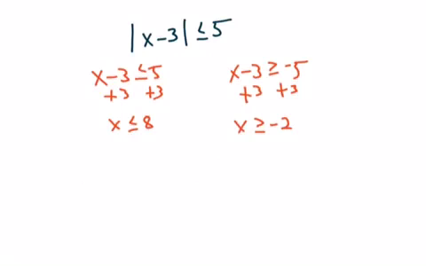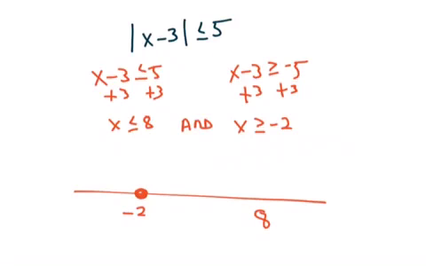So we can think of a number that's both bigger than negative 2 right here and smaller than 8. So this is 2 that overlap, and this is and. So both things could happen. So graphing this on the number line, we'll have negative 2 with a closed circle and 8.